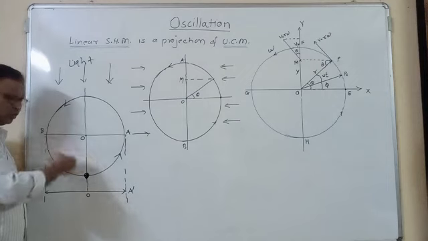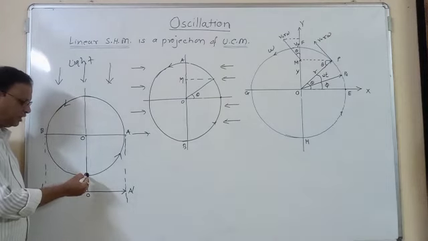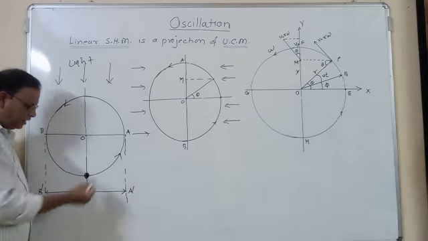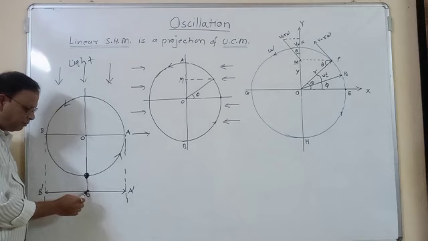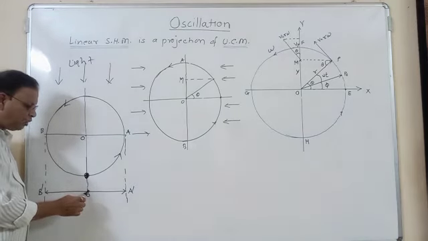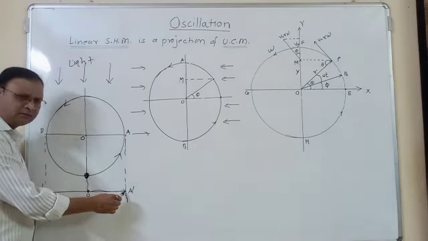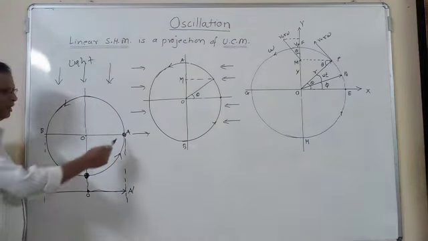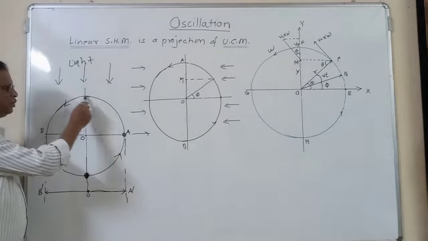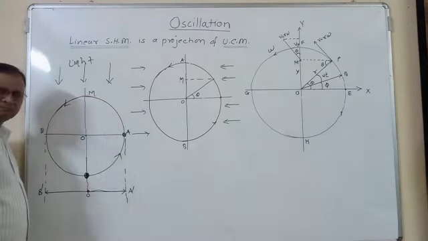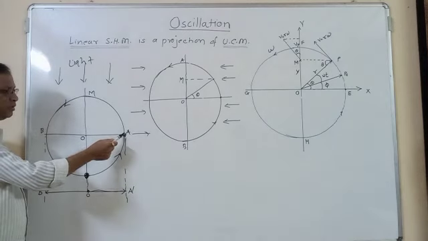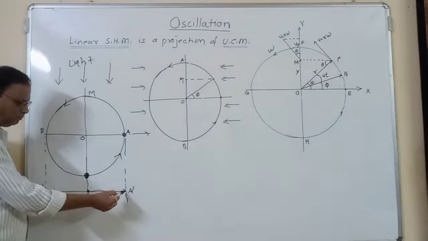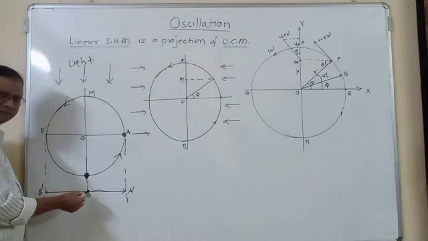When this wheel moves, that means when this object moves from say this point to this point, then this shadow, initially at point O, will move from O to A dash when the object is at A. When the object moves from A to some point say M, the shadow moves from A dash to O again.